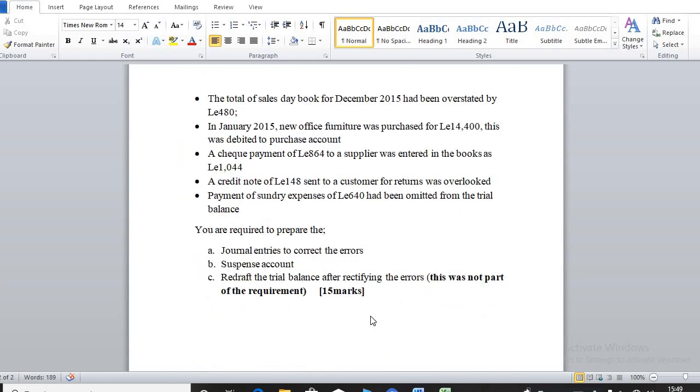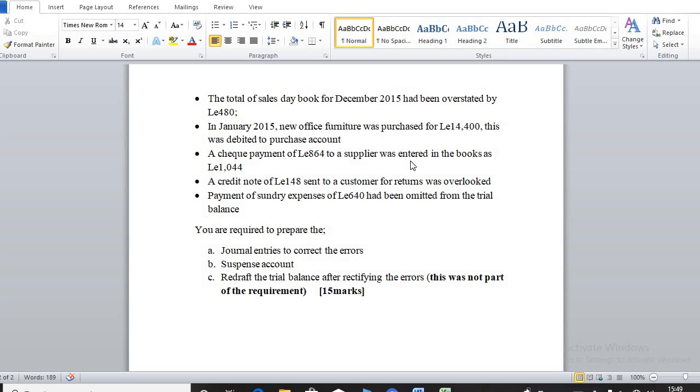This should give us a hint that after rectifying the errors, the two sides of the suspense account should be the same. We shouldn't have a situation where the debit side is more than the credit side, or vice versa. If you get something like that, it means there's something wrong with the errors that you've corrected.